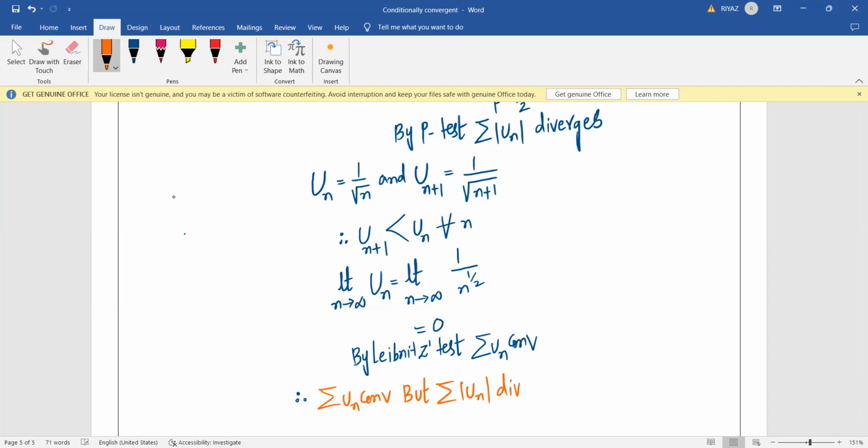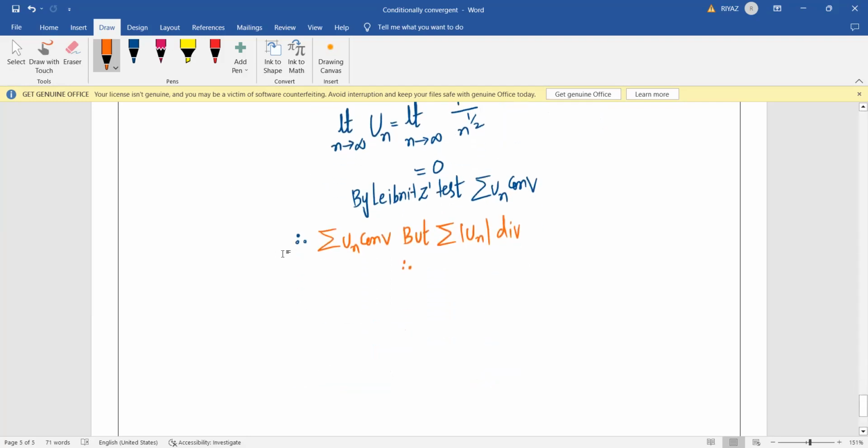Therefore the given series is conditionally convergent. Convergent conditionally or conditionally convergent, both have the same meaning.